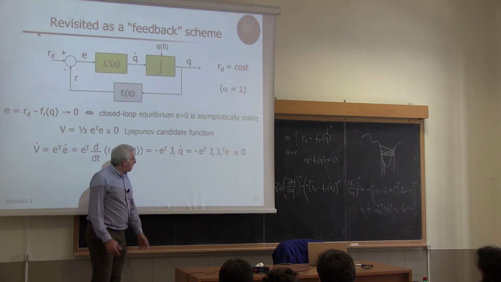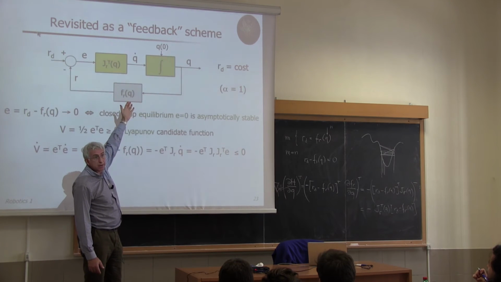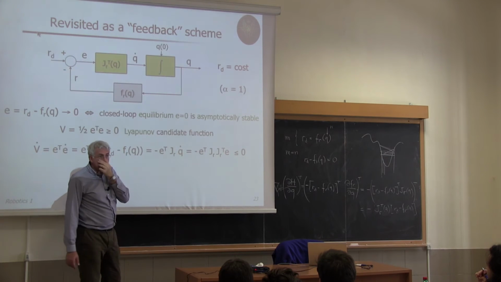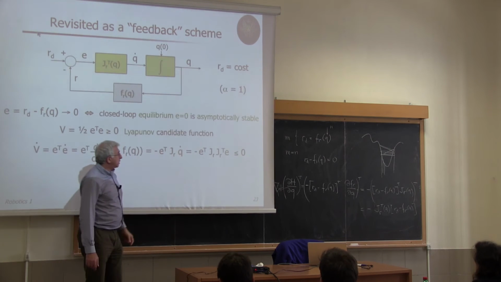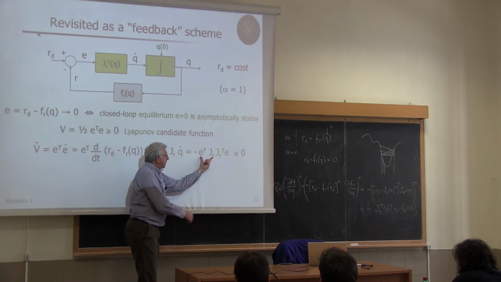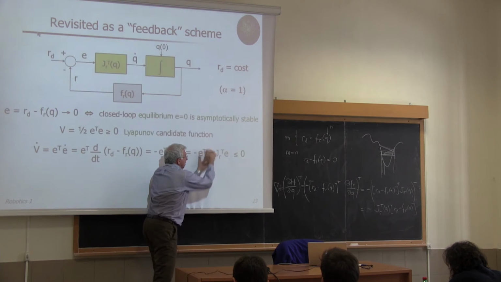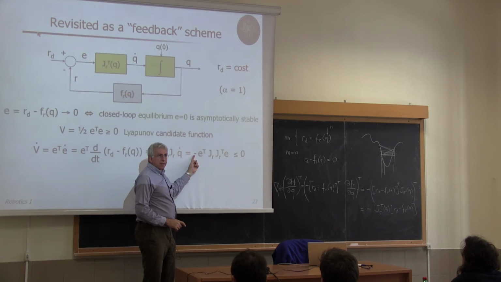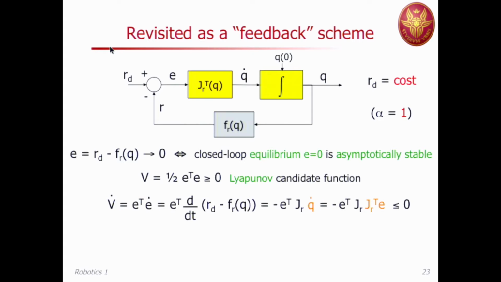Okay? And now where do we look at q dot? We look at q dot in the block diagram. q dot is equal to J transpose E. So you see that here we replace J transpose E. And this is a vector, and this is the same vector transposed. So this is the square norm of a vector with a minus sign. So this is always less or equal than 0. Okay?